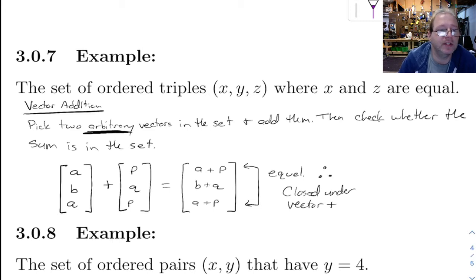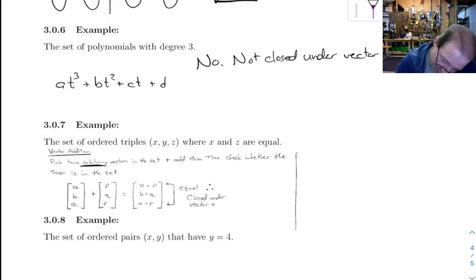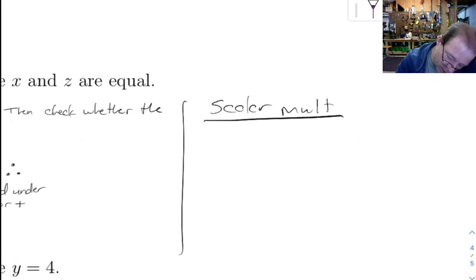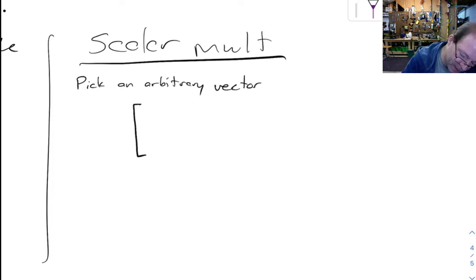Now we need to check and see, is it closed under scalar multiplication? And so to do that, what we do is we pick an arbitrary vector in the set.